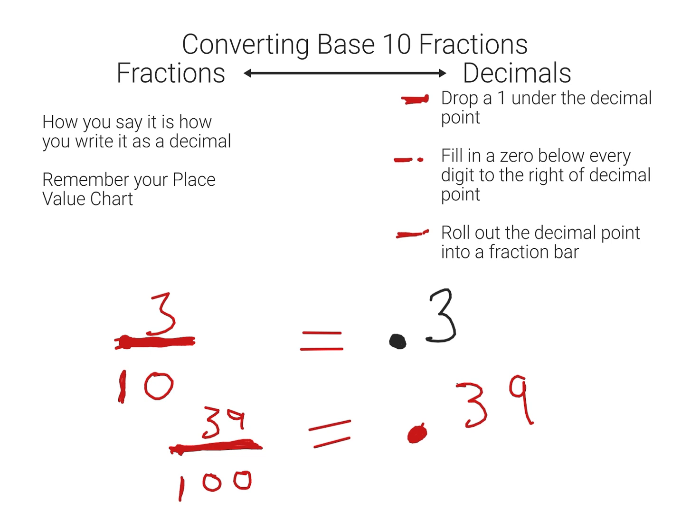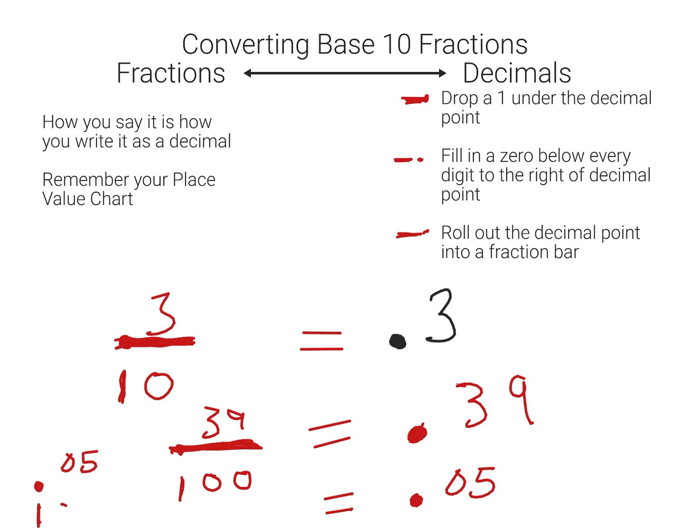One last example we're going to do. Let's write 0.05, 5 hundredths. I'm going to rewrite it over here on the left. Okay. Drop a 1 under the decimal point.